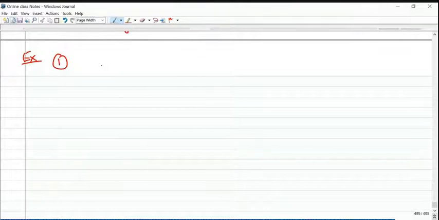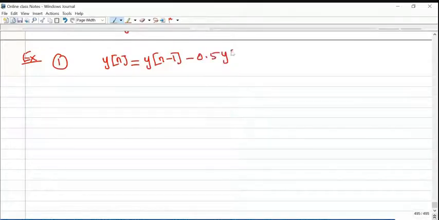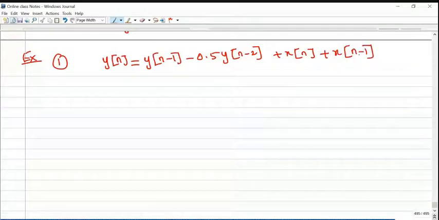Plot the pole zero pattern and determine whether the following systems are stable or not. A discrete time LTI system, characteristics defined by the difference equation y(n) equal to y(n minus 1) minus 0.5 y(n minus 2) plus x(n) plus x(n minus 1).